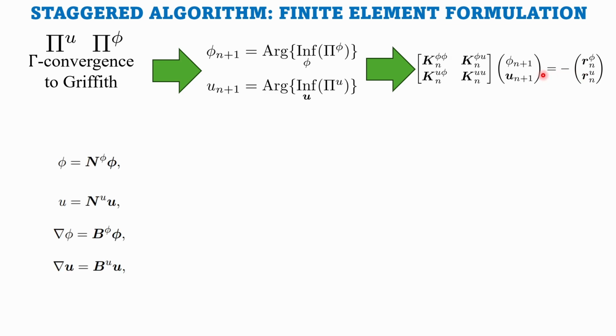Okay. So in finite element formulation, we are all aware of these terms where phi and u are split in terms of their individual shape functions, N phi and N u, and grad phi and grad u by the individual derivatives of shape functions, B phi and B u. So this capital B matrix are the derivatives of the shape functions.